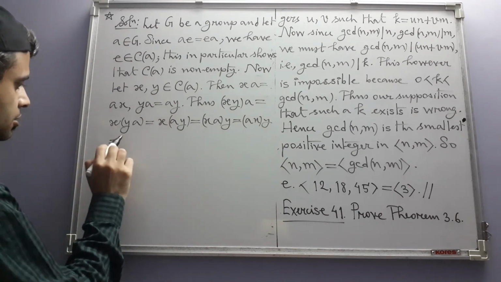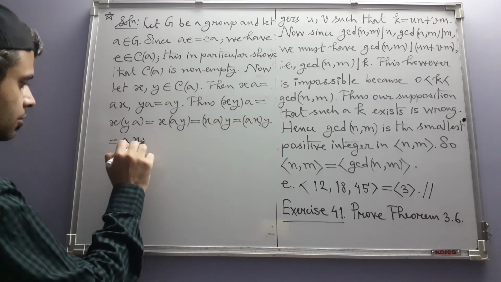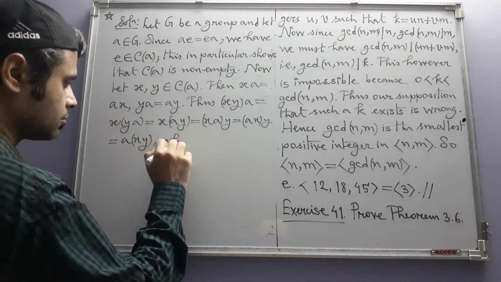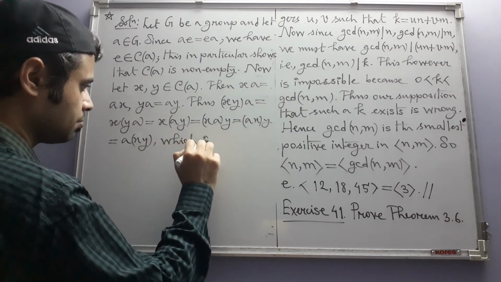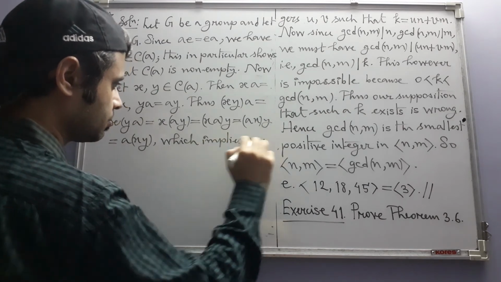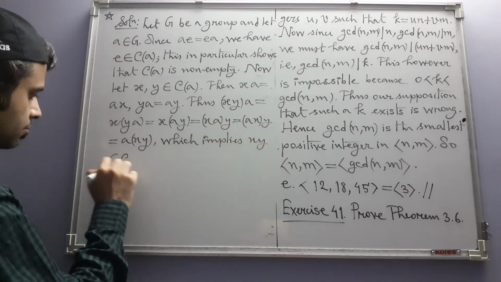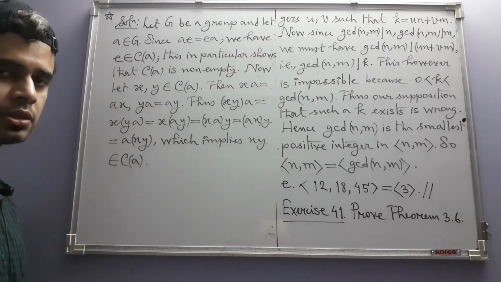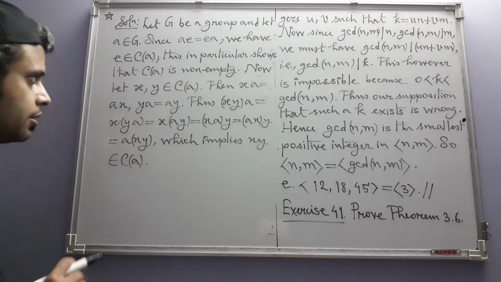XY A is equal to A XY, which implies that XY belongs to CA. So CA is closed under the operation in the group.